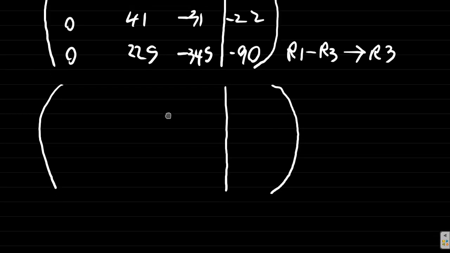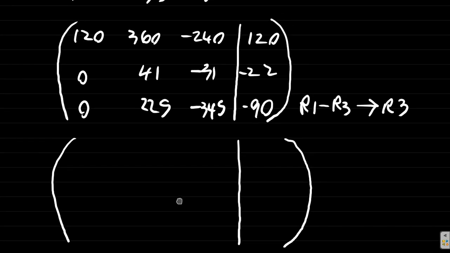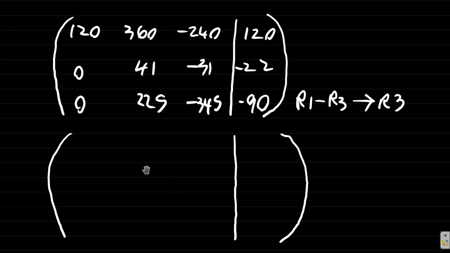The calculator can deal with big numbers, but it's a bit more comfortable looking at smaller numbers. This up here, row 1. Let's divide row 1. Row 1 divided by 120 will lead to a new row 1. It will look a bit easier to deal with, less stressful on the brain.